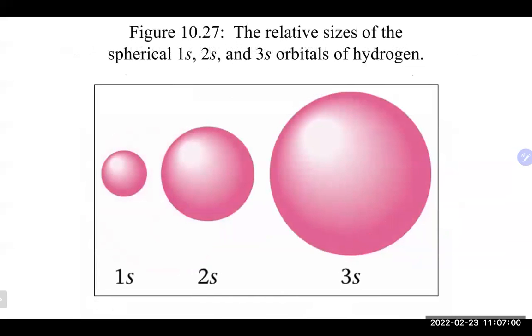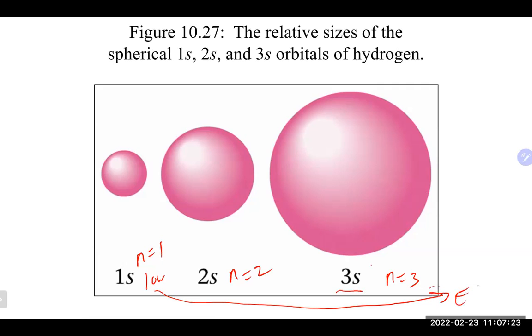As we go up, a 3s orbital is a little bit larger than 2s and 1s, but they all have the same shape. 3s means we're on the third energy level, like n equals 3. This one is on the n equals 2 level. This one would be on the first energy level. Again, they just look the same, a little bit larger to accommodate all the electrons that are there before them.